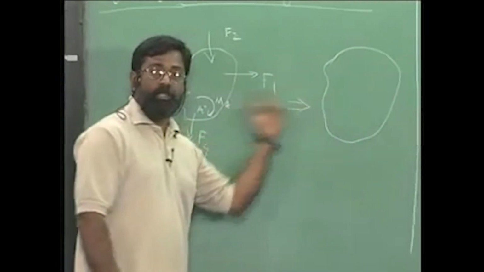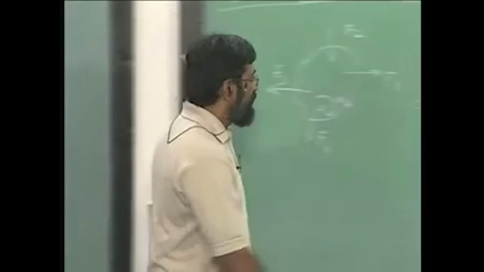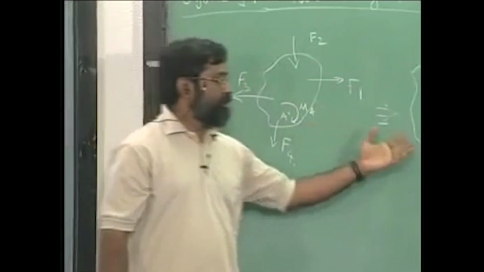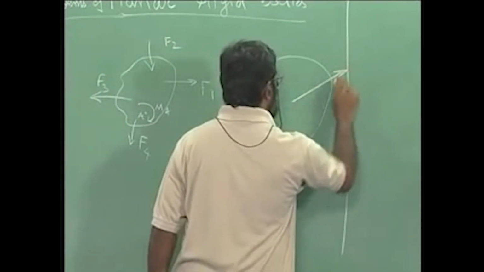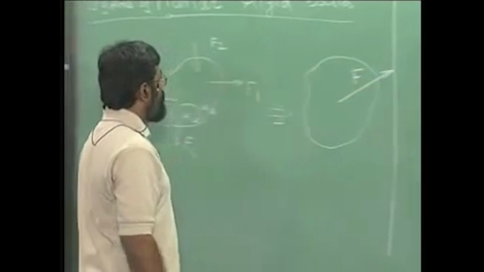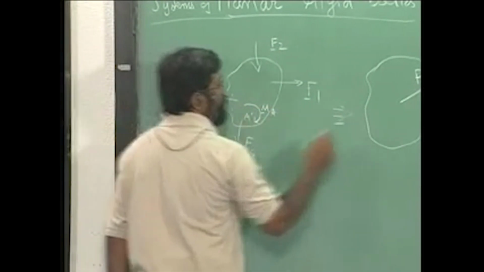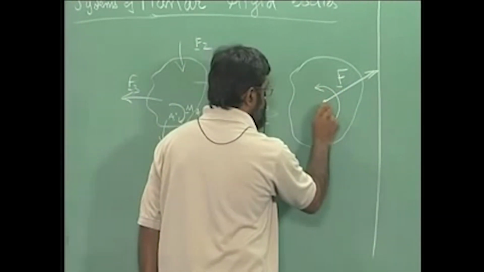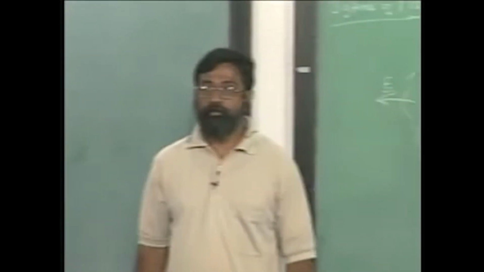We know that we can write an equivalence of these force systems on the same rigid body as a resultant force acting. So let me call this F. All these are vectors, and a resultant moment, let us say this is point O, MO, alright.